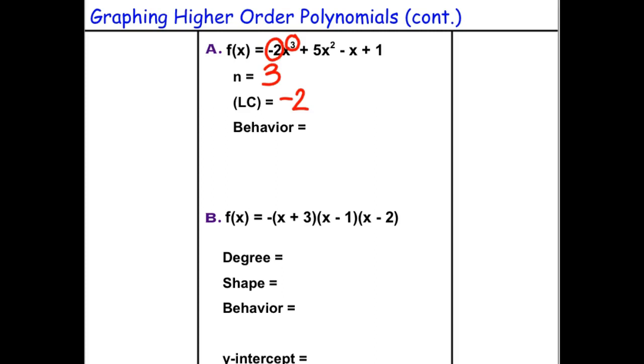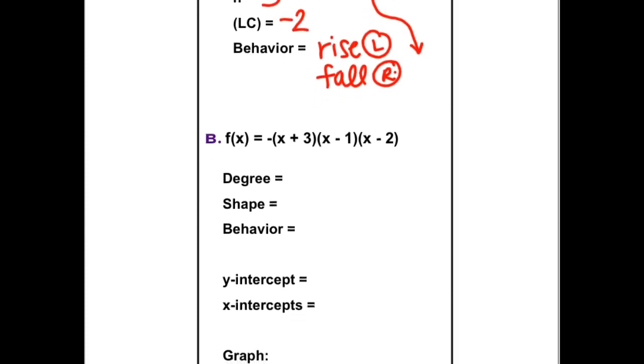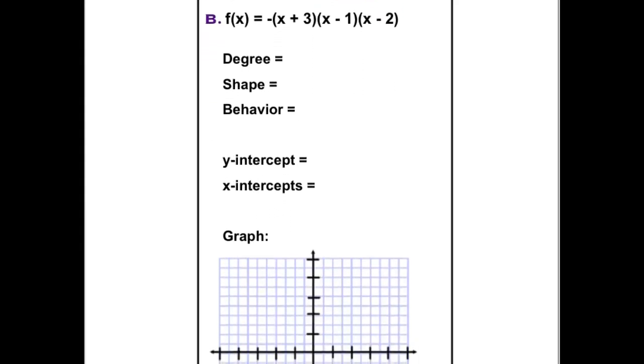So that means that my graph is going to do this, which means it's going to rise to the left and it's going to fall to the right because it's going up to the left, down to the right.